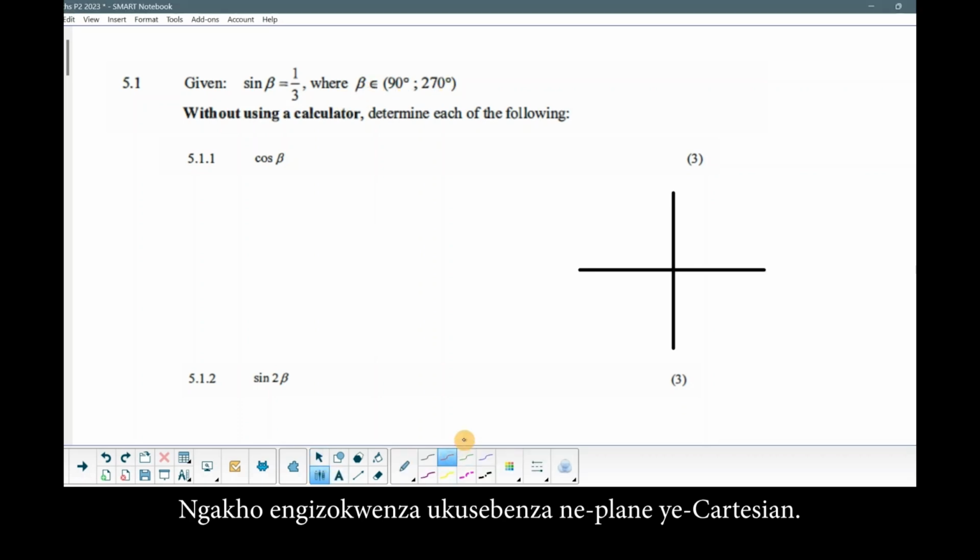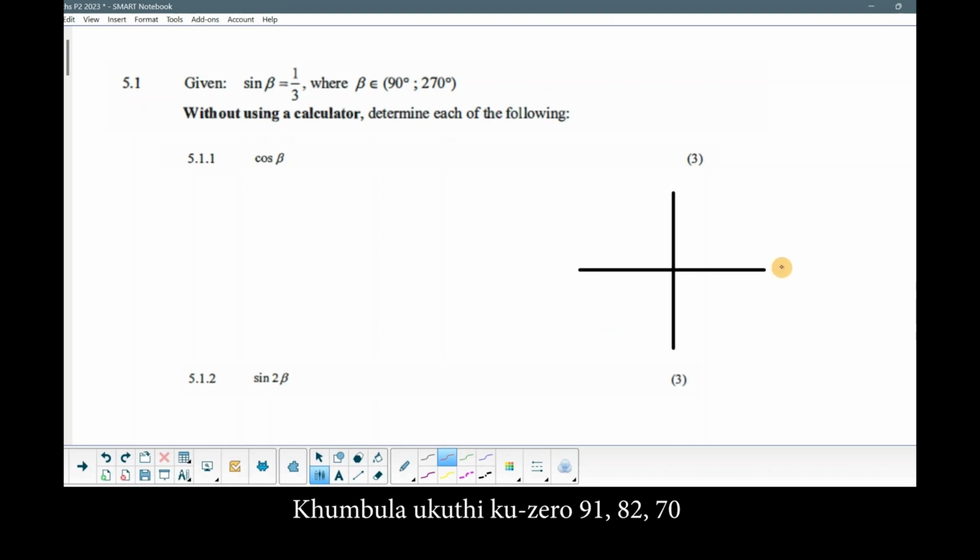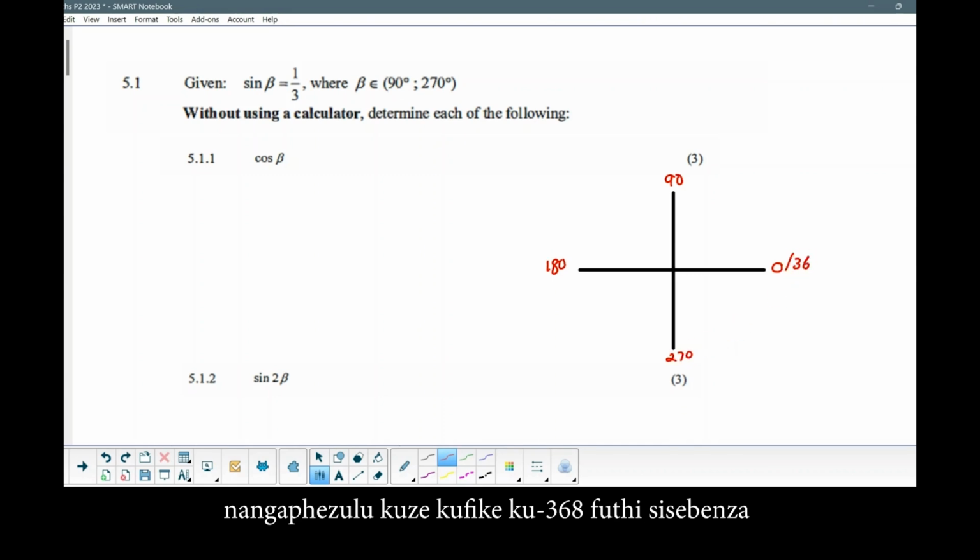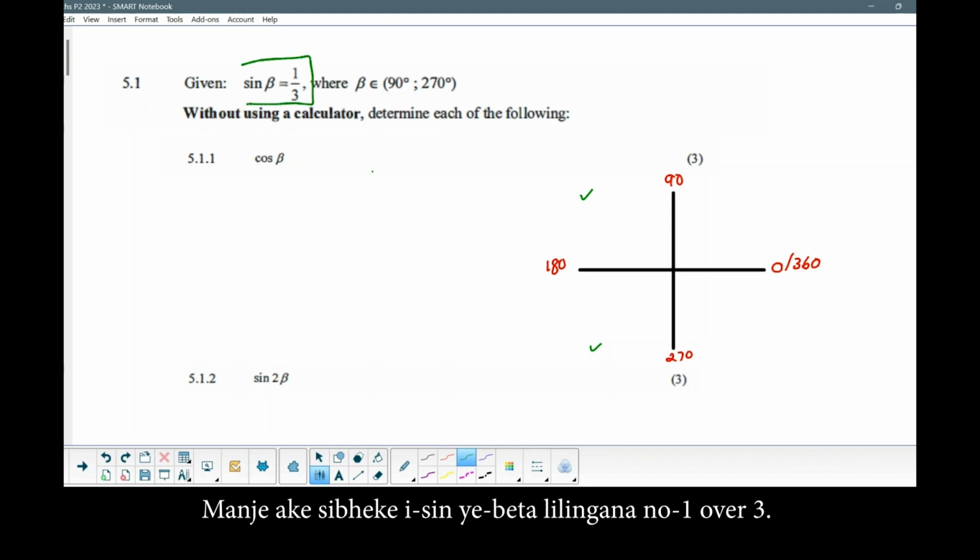So what I am going to do is work with the Cartesian plane. Remember, that's 0, 90, 180, 270, and up to and including 360. All right, and we are working between 90 and 270. Between 90 and 270 are in these two segments. So I'm going to put a little tick here and a tick there. Then let's have a look at sine of beta equal to 1/3.